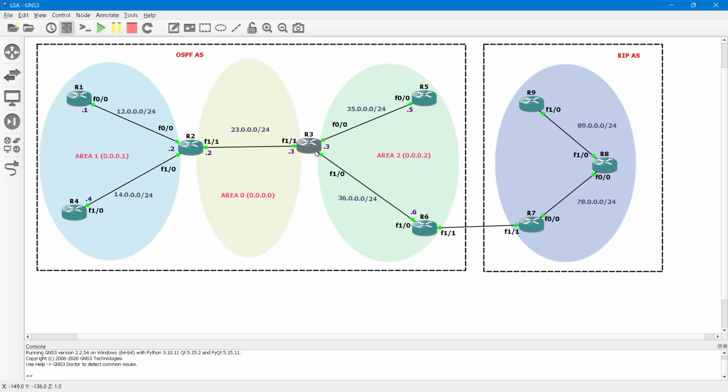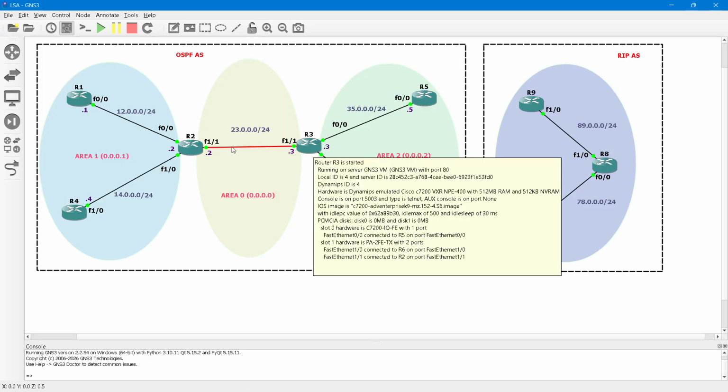So as R3 is the ABR here, it will generate type 4 LSA, that is the ASBR summary LSA. R3 will generate the ASBR summary LSA with its own router ID, its originating ID 3.3.3.3.